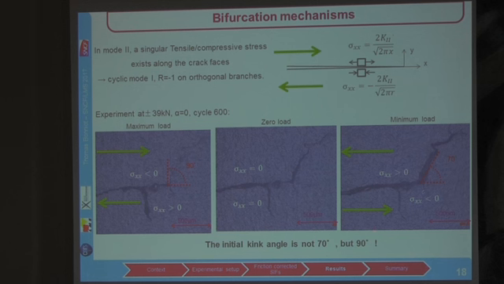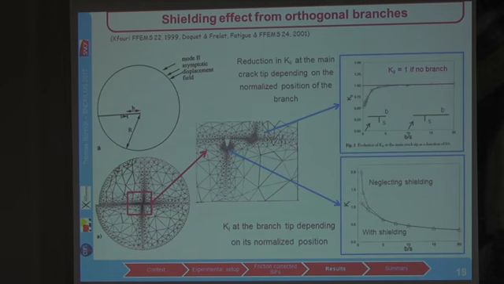And the effect of such branches has been studied by Khoury and Doquet and Frola, and those will have a shielding effect on the main tip. But this is the work of Doquet and Frola. If we consider here a shear disk with a crack and a small branch of length s, we note b the distance between the branch and the crack tip.